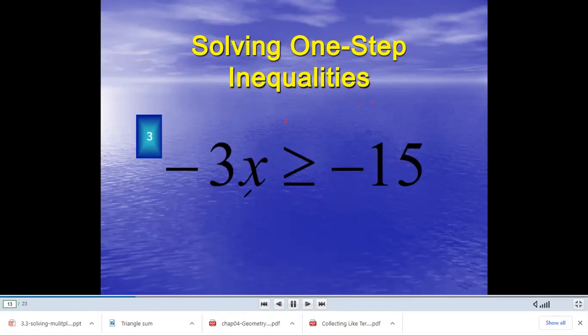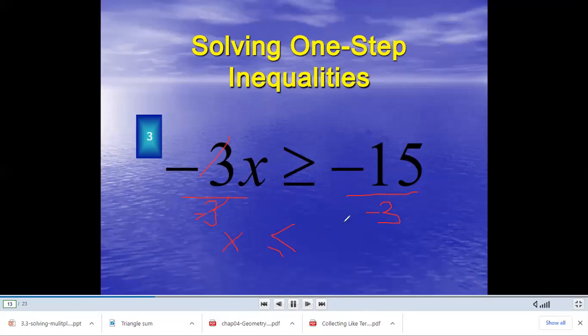Which operation do we have here? It's multiplication, so we will use division. We will divide by -3 on both sides. Then you cancel -3 with -3, so you have only x, and you have to flip the sign, don't forget.